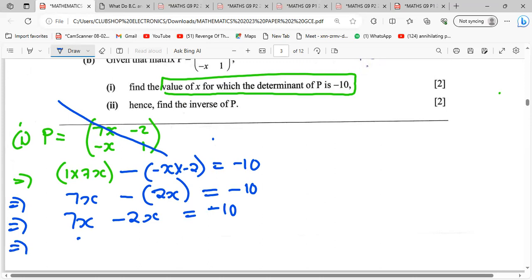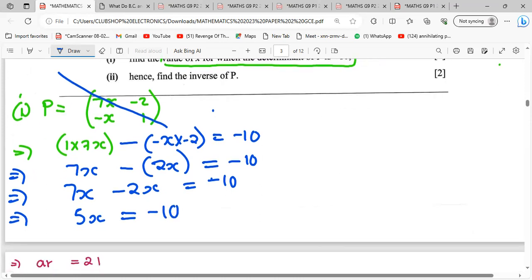Therefore 7x minus 2x is 5x, equal to negative 10. Dividing both sides by 5, we find that our x is equal to negative 2. That's the value of x.